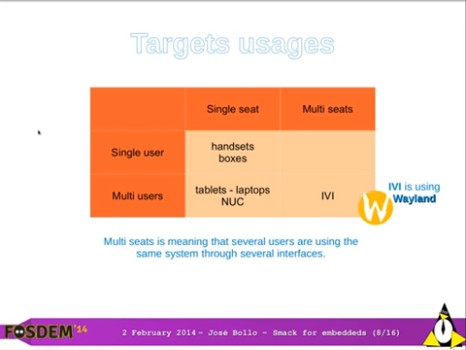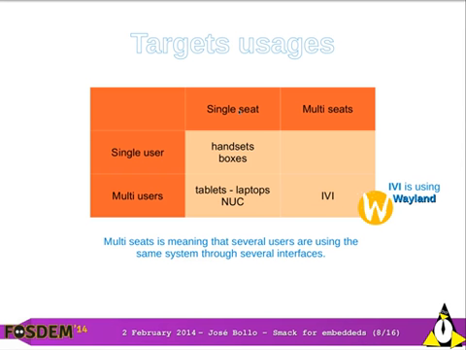The target usage for Tizen handles mainly 3 cases, depending on the count of users and the count of user interfaces. That means here the count of seats. For single user and single seat, we here have the goal of handset for telephony or boxes.